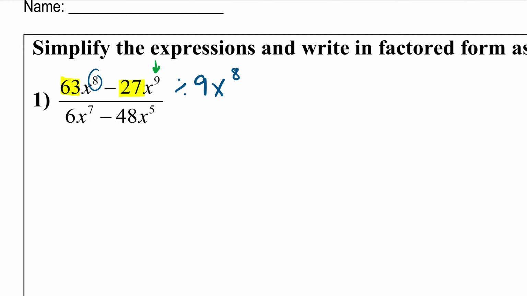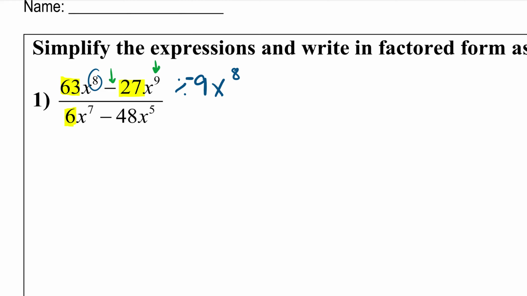If you look, my highest exponent is 9, and this is subtraction, so it makes it negative. Therefore, my GCF would also be negative. So it's negative 9x to the 8th. I'm sorry if that sounded like a lot, but I'm trying to explain every part of this to ensure everyone understands.